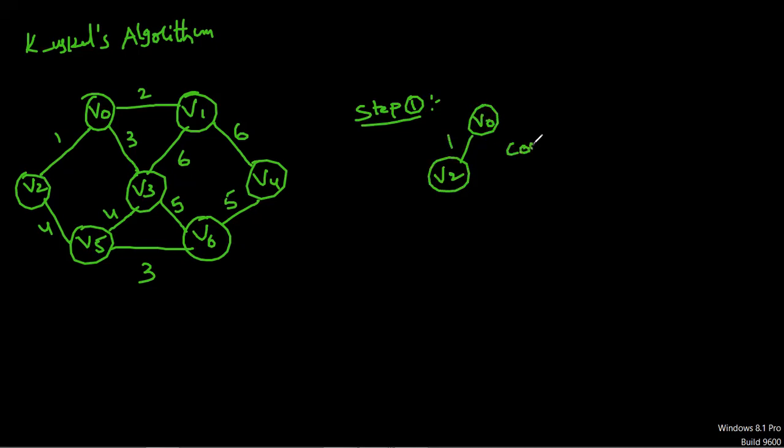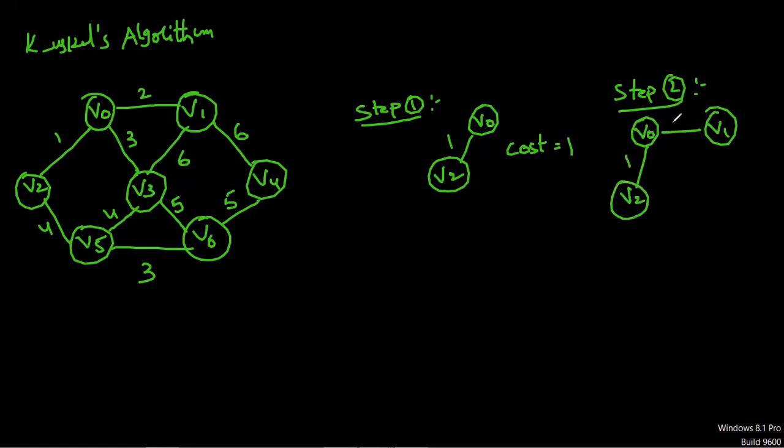And next, step 2, select another edge with minimum cost, which is V0 to V1, with cost 2. The total cost is 1 plus 2, it is 3. Then find the edge which has the minimum cost.